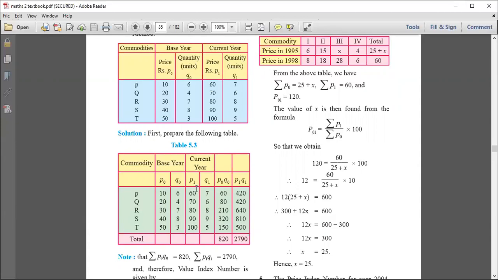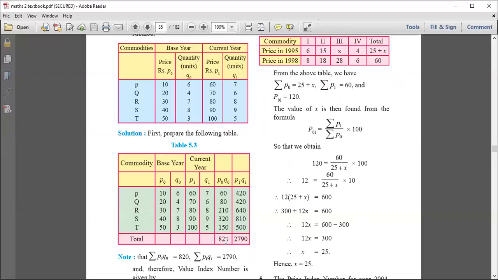In a similar manner, you will solve P1 Q1: 60 into 7 is 420, 70 into 6 is 420, 80 into 8 is 640, 90 into 9 is 810, and 100 into 5 is 500. Again you do the total. So you got the totals as 2790 and 820.